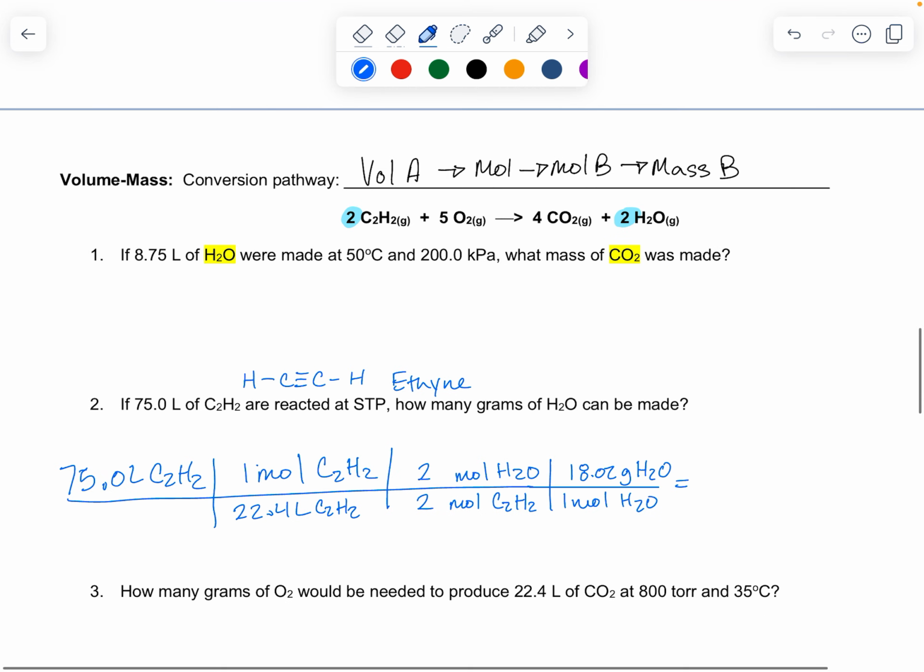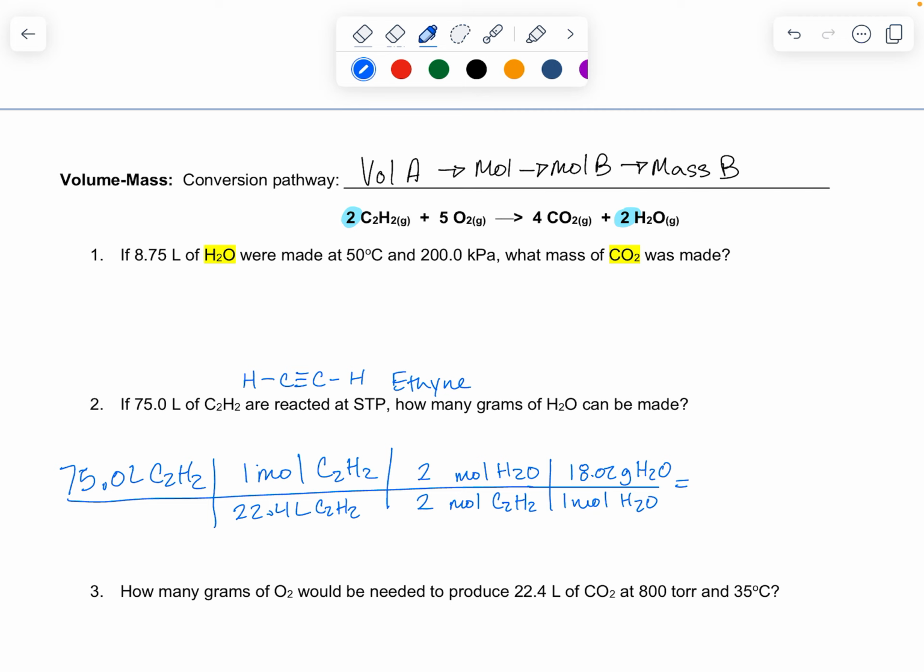But it's a common one, so a lot of us probably have that stuck somewhere in our brain by this point. In our calculators, we're going to take 75 divided by 22.4, times 2 divided by 2, or you could skip that step because you end up with the same number, and then multiply by the 18.02.